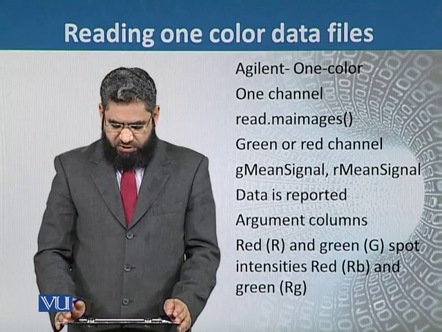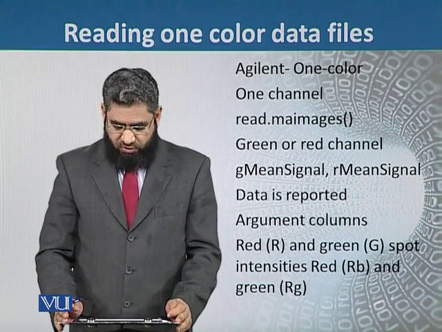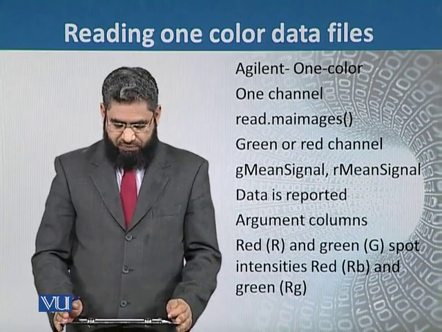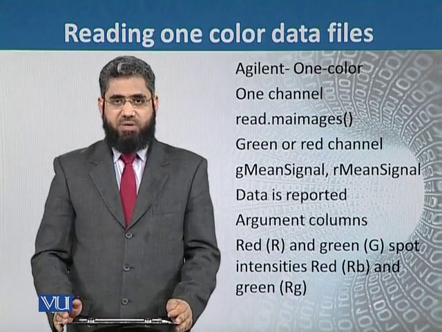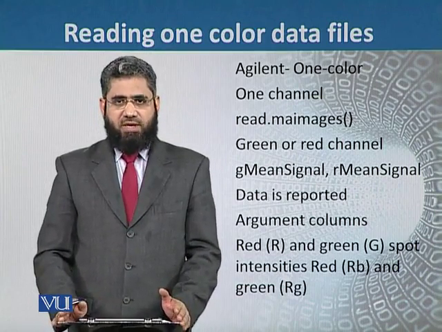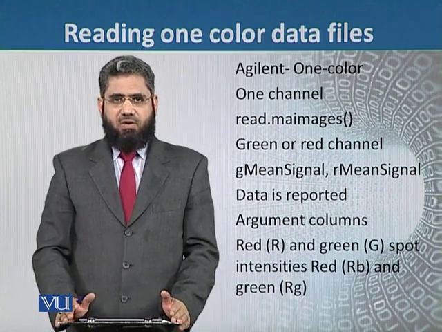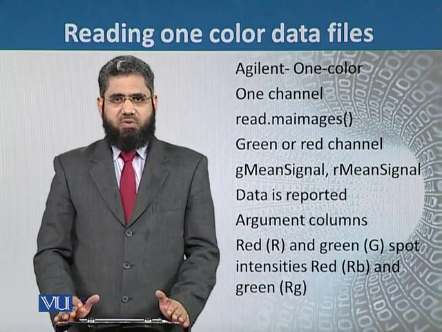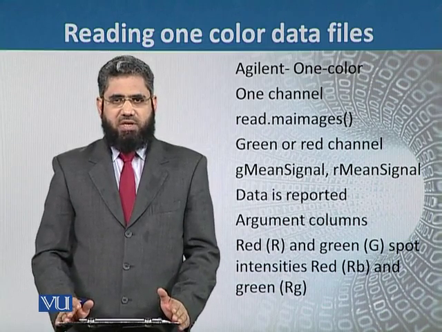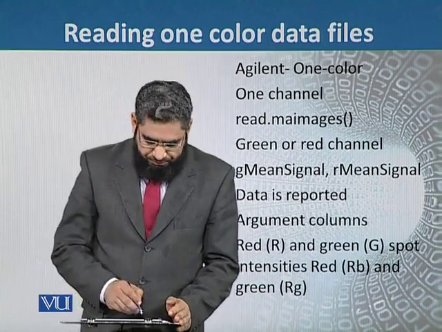For the background intensities we use RB and GB. RB means red background and GB means green background. So the difference is only that for background intensities, whether it is one color data or two color data, we use both red and green, but for the spot intensities we use either red or green for one color data.